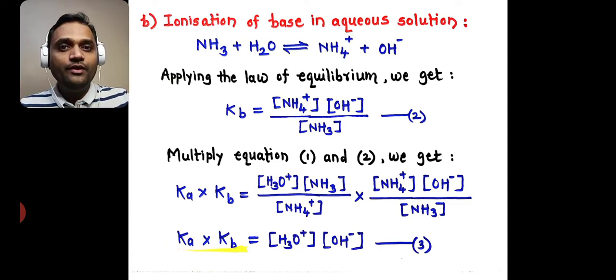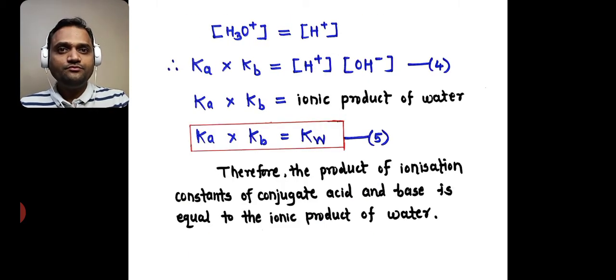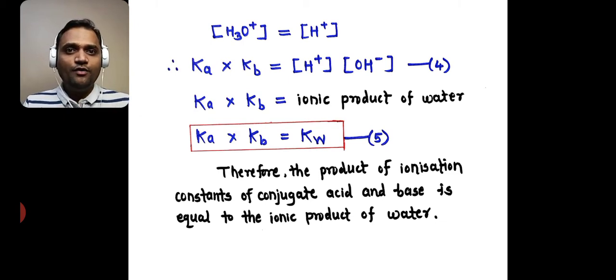So we have Ka into Kb is equal to the molar concentration of H3O plus into the molar concentration of OH minus. This is our equation 3. Now we know that the molar concentration of hydronium ion is equal to the molar concentration of hydrogen ion. We have seen this in the previous lectures.